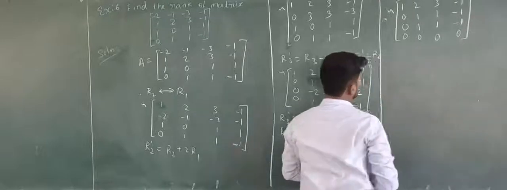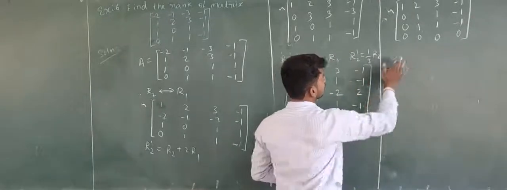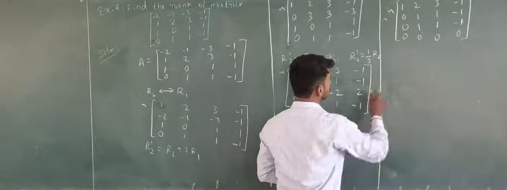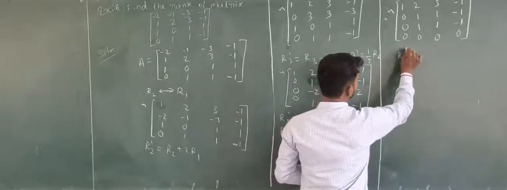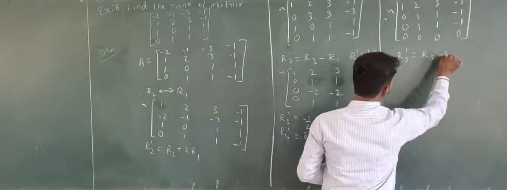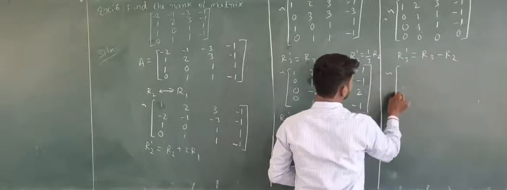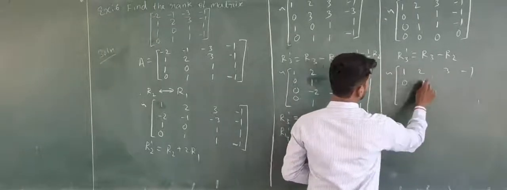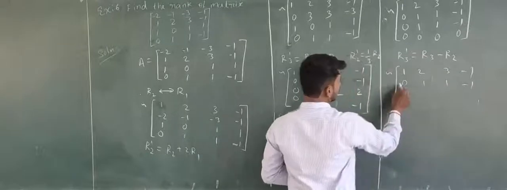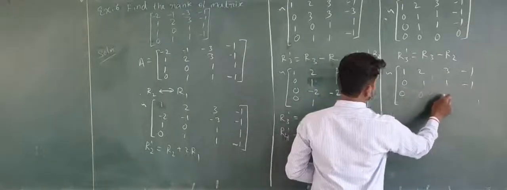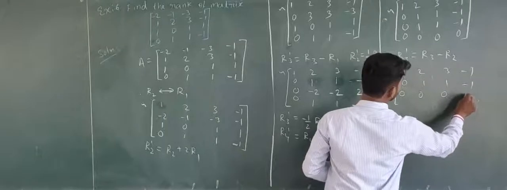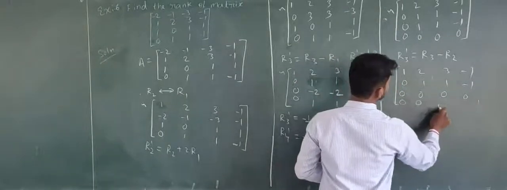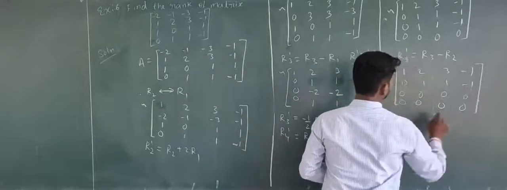Now row 2 and row 3 are similar, so we have to make this term 0. To do this, we change R3 dash equal to R3 minus R2. So 1 2 3 minus 1, 0 1 1 minus 1, and R3 minus R2 is 1 minus 1 is 0, 1 minus 1 is 0, minus 1 plus 1 will be 0, and again 0.